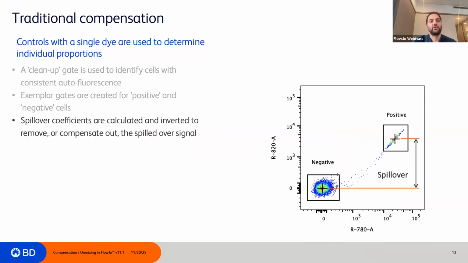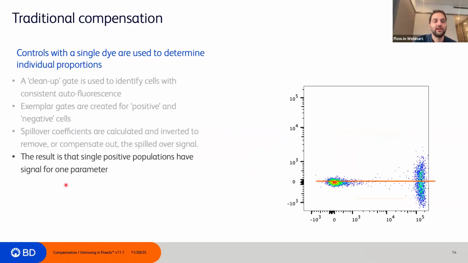Now, the next step after we create those gates, where we have the size gate, positive and negative, is that the spillover is calculated. What we said before, how much of its fluorescent probe is spilling into non-primary detectors. So FlowJo will try to do this automatically, using your negative and positive gates within the size gate it created. And then after you press create matrix, FlowJo will create this matrix and apply it to your data.